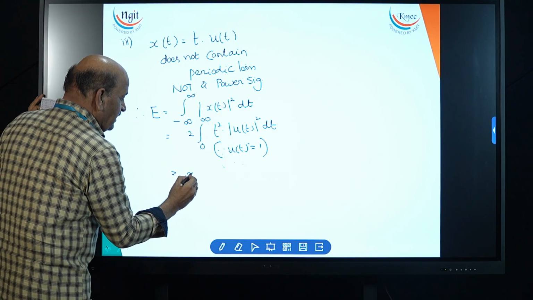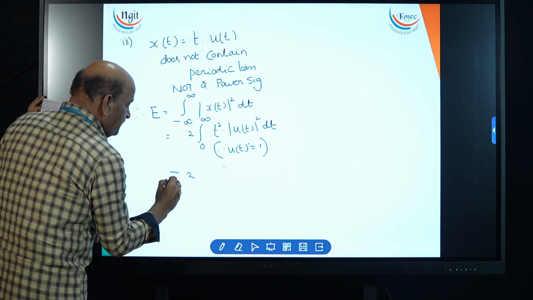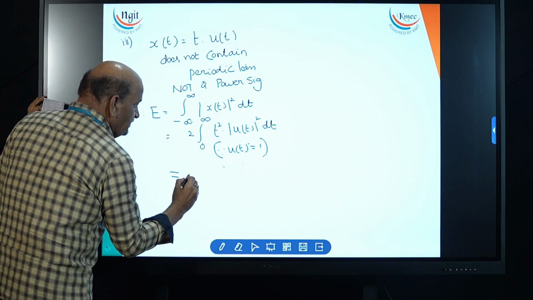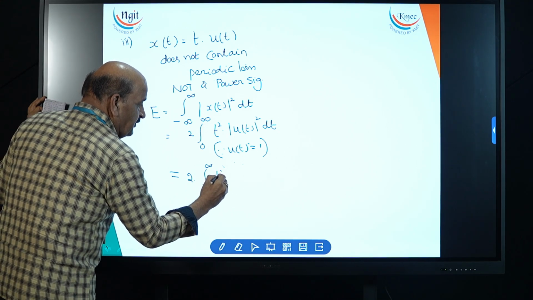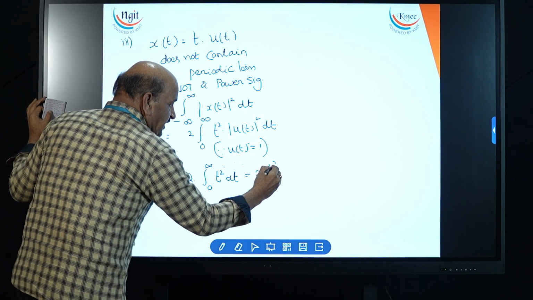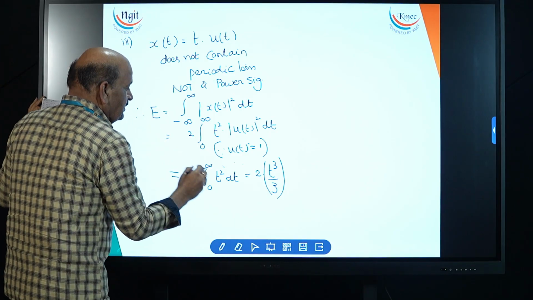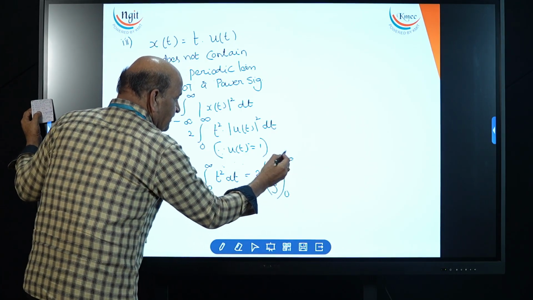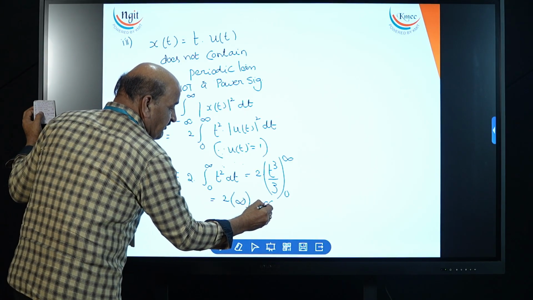Therefore, this becomes 2 times the integral from 0 to infinity of t squared dt, so 2 times t cubed by 3 between 0 and infinity. This becomes 2 times infinity, the output is infinity.